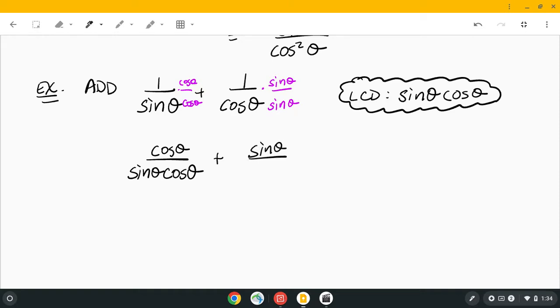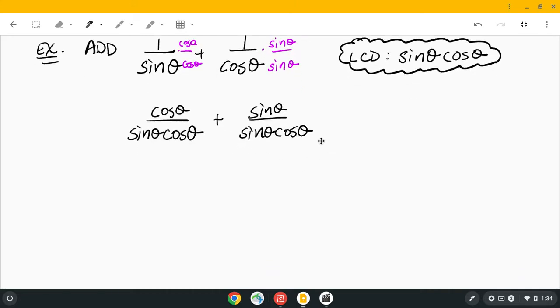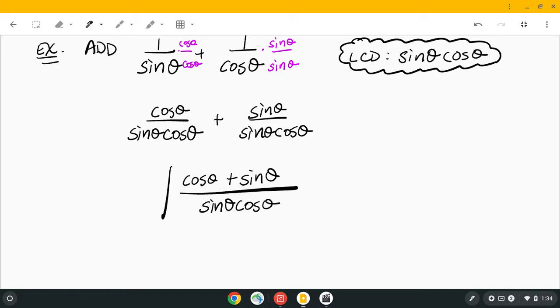And down below I get cosine theta sine theta, which I can rewrite as sine theta cosine theta. Alright, so now with these two fractions having the same denominator, I can go ahead and add these. And when I do that, I get cosine theta plus sine theta over sine theta cosine theta. Okay? And that would be it.